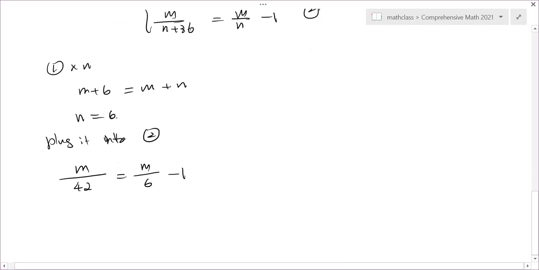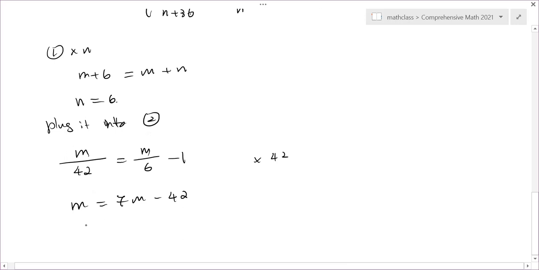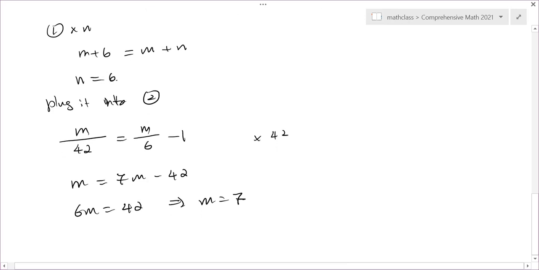Here you can multiply by 42, so 42 equals 7m minus 42, okay? Then 6m equals 42, so that means m equals 7. So the original number is going to be 7 over 6.